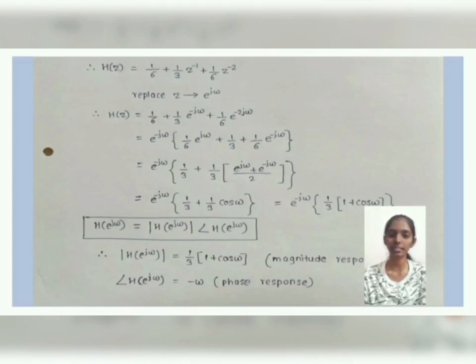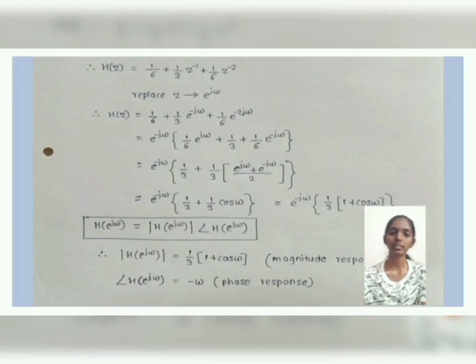Here by replacing z with e raised to j omega, we get H of e raised to j omega is equal to 1 by 6 plus 1 by 3 e raised to minus j omega plus 1 by 6 e raised to minus 2 j omega. By rearranging the equation, we get e raised to minus j omega in bracket 1 by 3 into 1 plus cos omega.